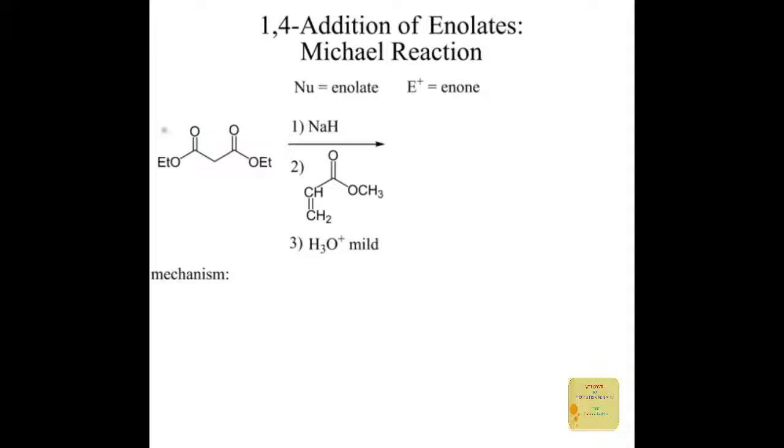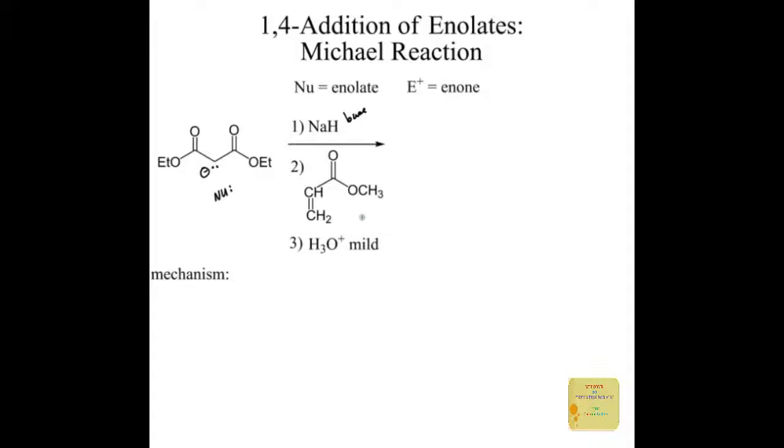If we took this diester and treat it with sodium hydride as a good base, that's going to deprotonate somewhere. Where can we deprotonate? There's only one place we could deprotonate in this case. It's the alpha carbon. So let's just make that an anion there. That's what generates the nucleophile in the first step.